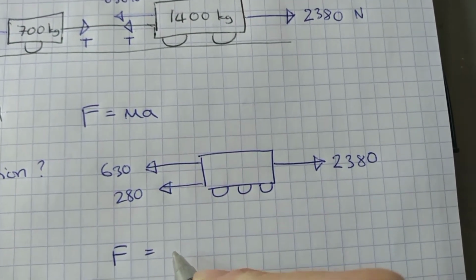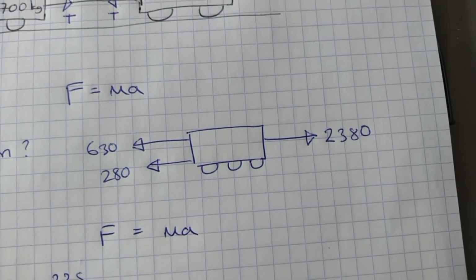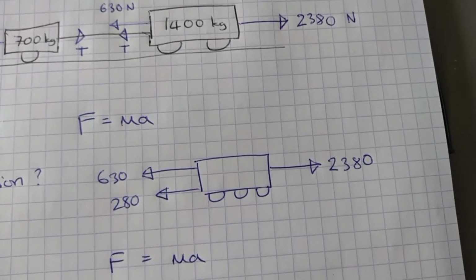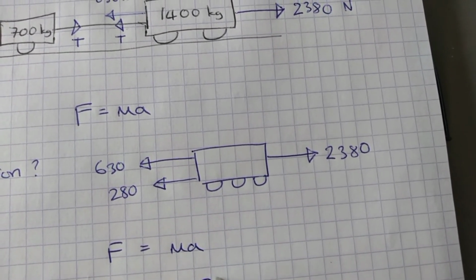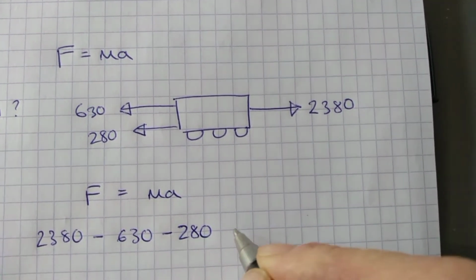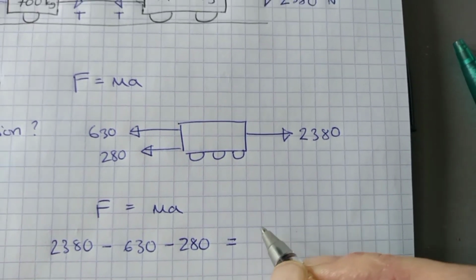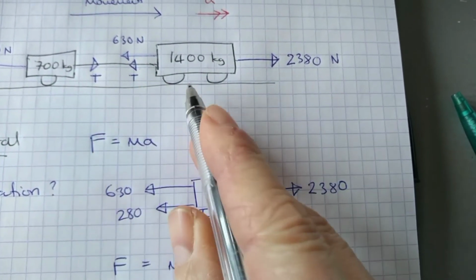My force is 2,380 minus 630 and minus 280. That would be my net force on the whole thing. And on this side, well, my mass is now the whole mass, so it's both things added together.